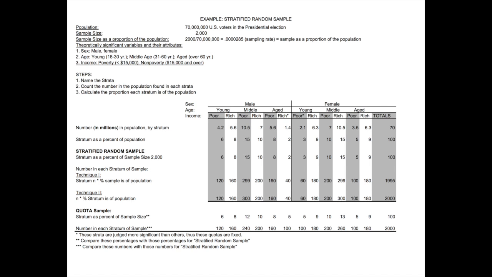The reason I got 1,995, I did a little technique here, second technique, is due to rounding, right? So not all of the numbers come up to whole numbers. You get decimal points and things like that. And I just rounded it up. Because you can't have 0.34 of a person, right? So due to the rounding, we don't get the full 2,000 people.